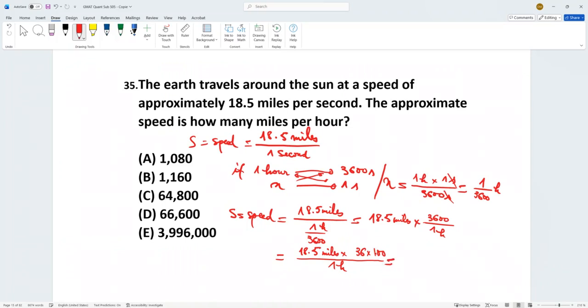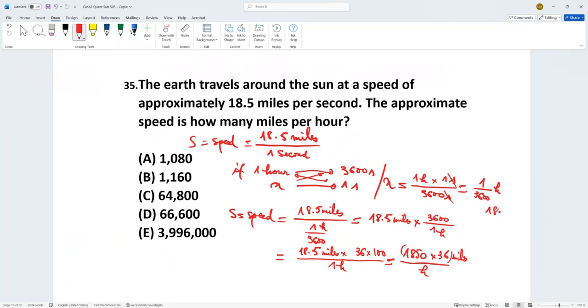If you multiply the 100 by 18.5, it gives us 1,850 times 36 over h, where 1 h is like writing h, and this is in terms of miles.